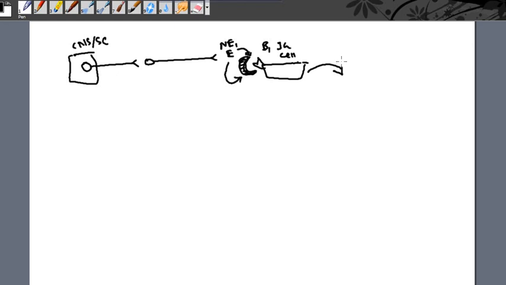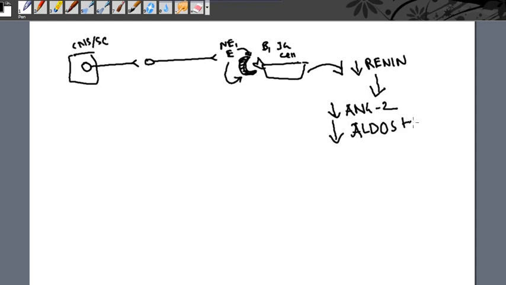So when endogenous norepinephrine and epinephrine cannot stimulate beta 1 receptor on the JG cell, there will be decreased release of renin from the kidney. Renin release is decreased. When renin is decreased, there is decreased angiotensin 2, right? You can understand. And when there is decreased angiotensin 2, there will be decreased aldosterone.